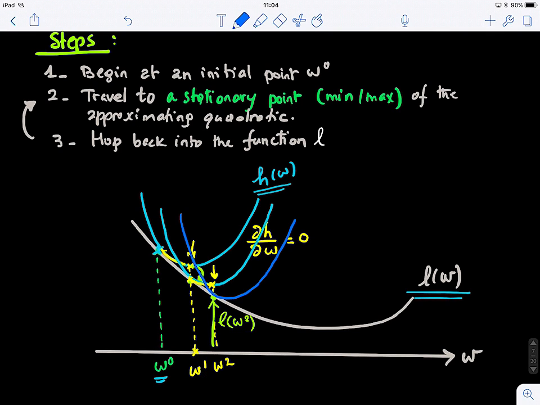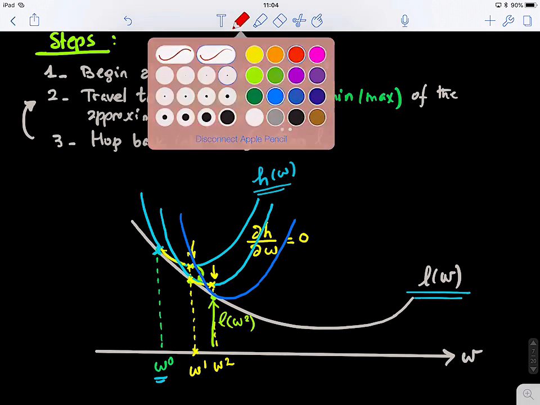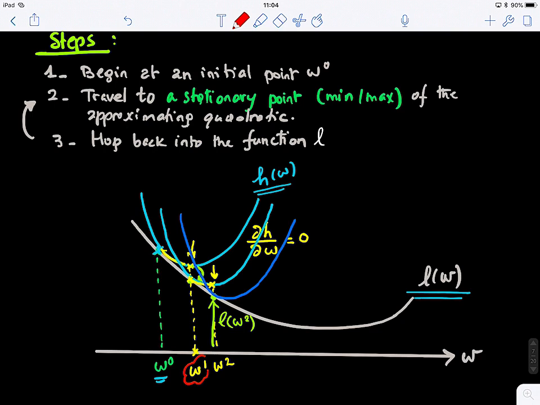I'll give you a hint. This W is where the gradient of the second order approximation of the loss function H is equal to 0, okay? The gradient of that function in high dimensional space is equal to 0.